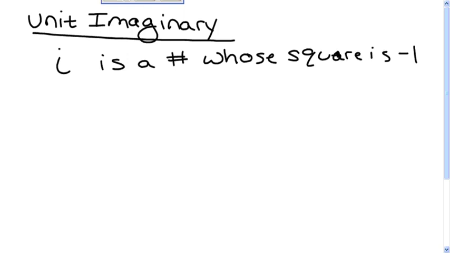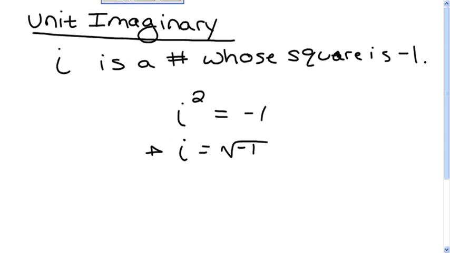is -1. Now you may think, why are we dealing with imaginaries? Aren't we just working with real numbers? Well, that's okay, but an imaginary number times an imaginary number is a real number. Because I is a number whose square, so if I square I, is -1, which means I itself is the square root of -1.